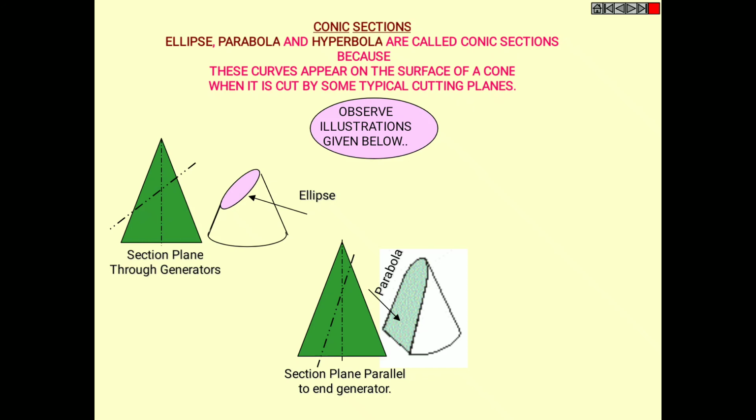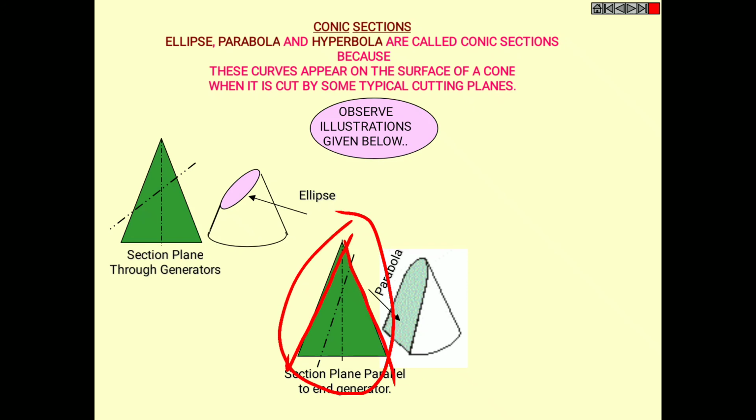This is a cone, with a center axis line. If that cone is intersected by a sectional plane parallel to the end generator, these are called end generators, either this or this.